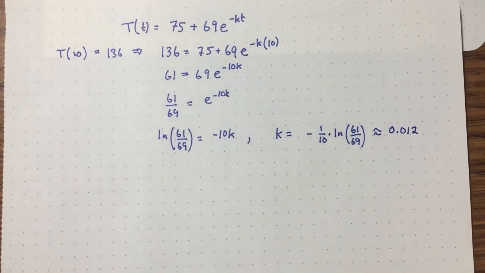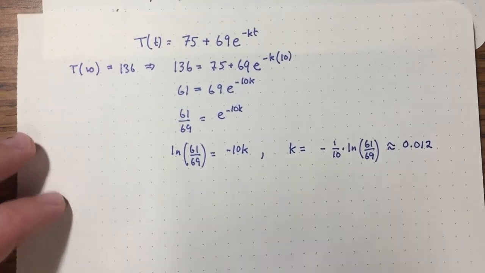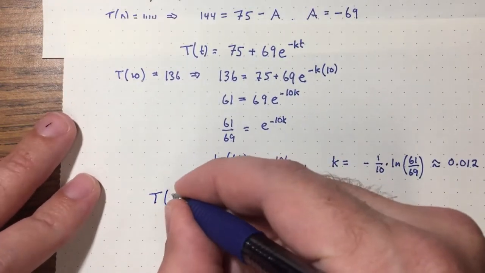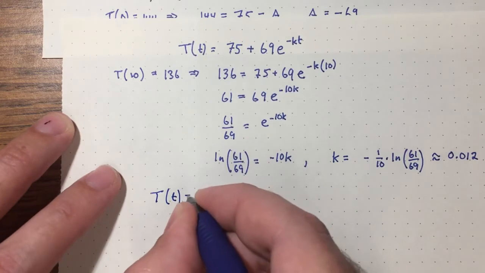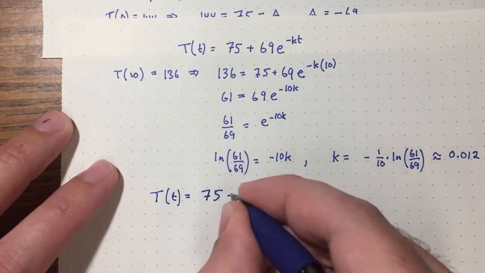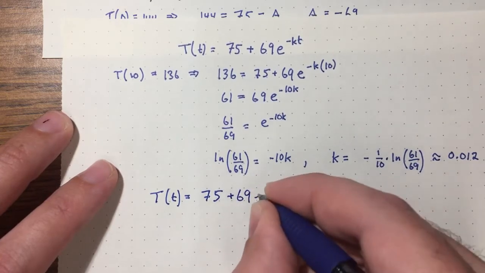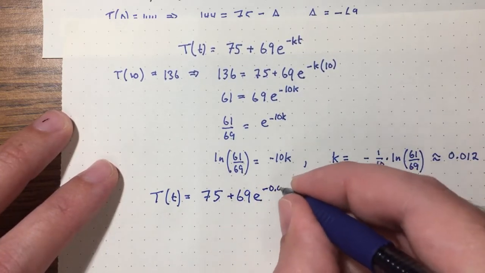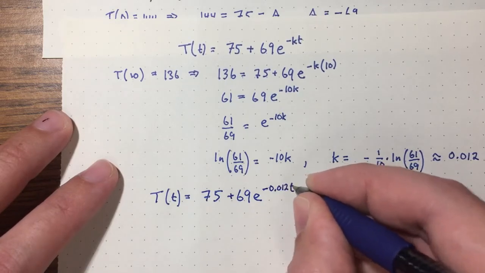Okay, so that's our value for k. So let's actually write out our solution. So the temperature can be modeled by this equation: 75 plus 69 e to the, let's put in this approximation, negative 0.012 t.